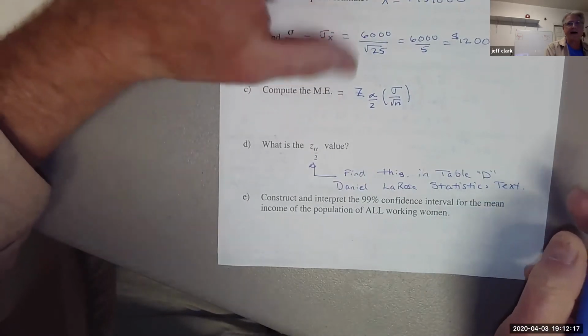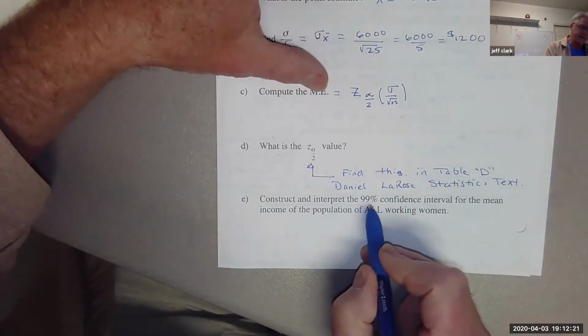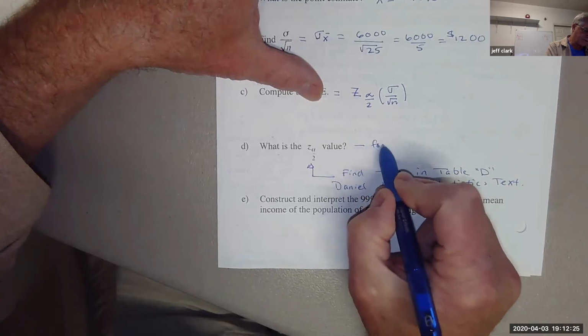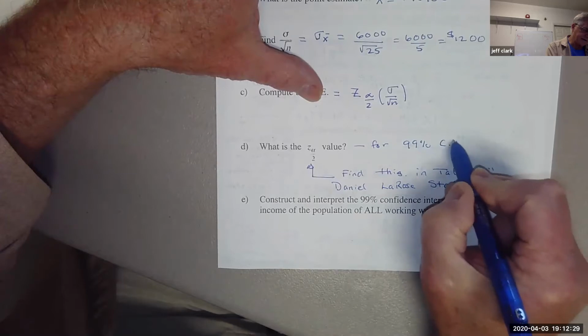Or you can find it in the packet that you actually bought. So we need to know, and eventually it's the 99% confidence. So you'd say for the 99% confidence interval.